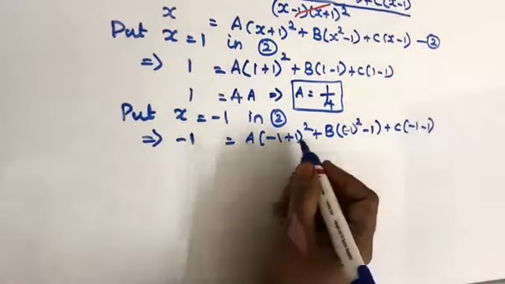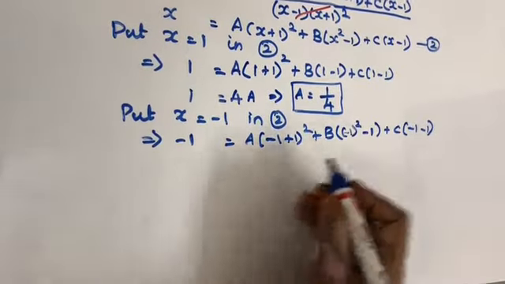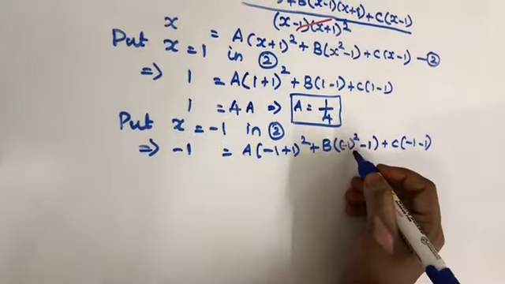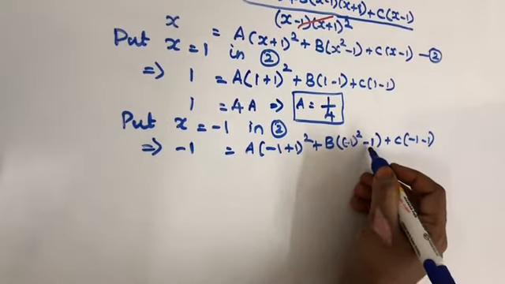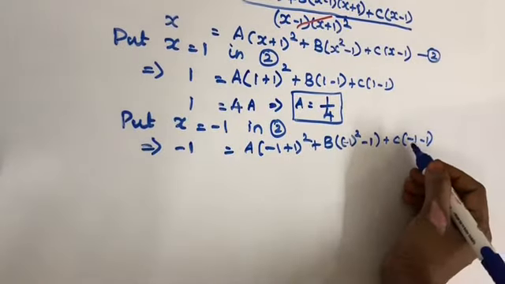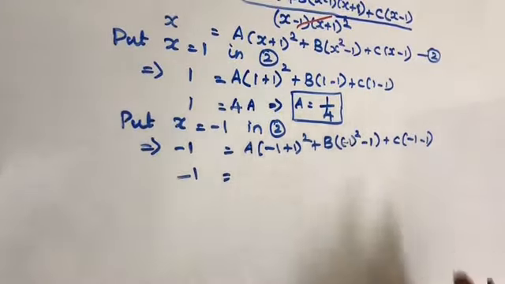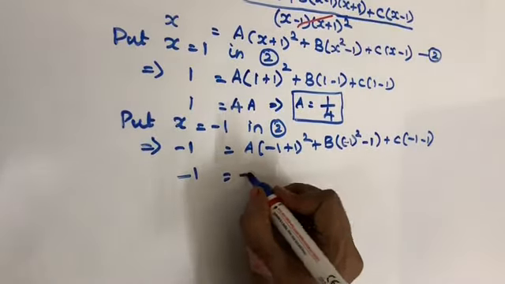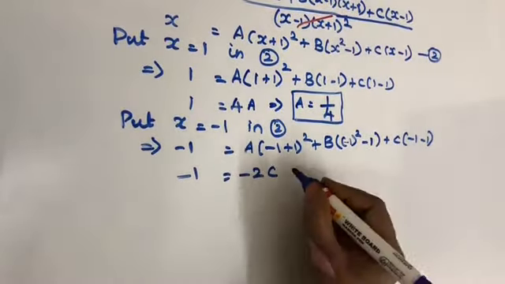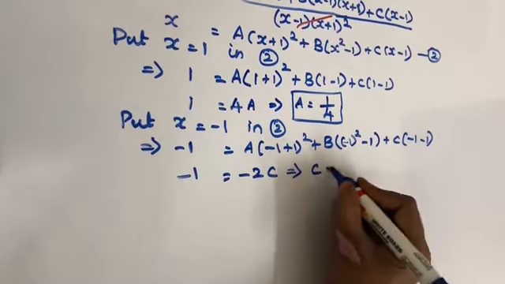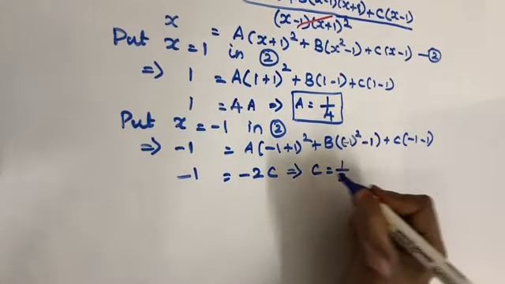Here minus 1 plus 1 will become 0. Here as well minus 1 square is equal to 1, so 1 minus 1 is also 0. c into minus 1 minus 1 is minus 2. So, minus 1 is equal to, these two terms will become 0, minus 2c. That implies c is equal to 1 by 2.